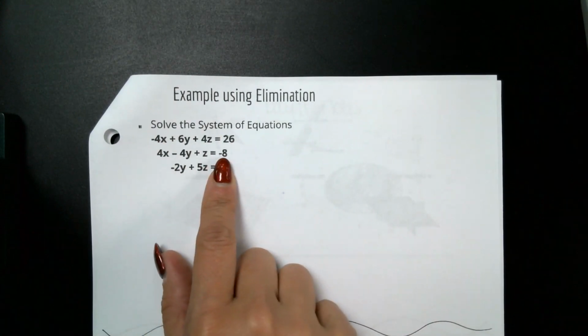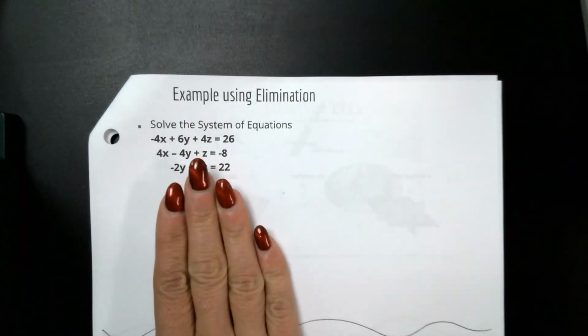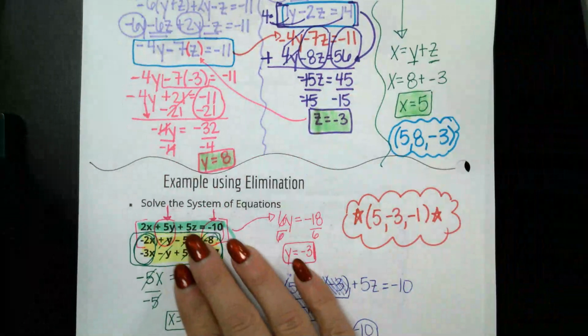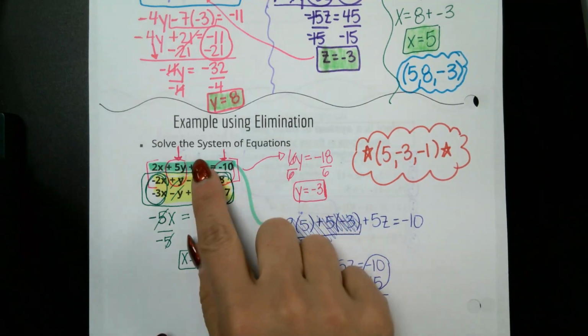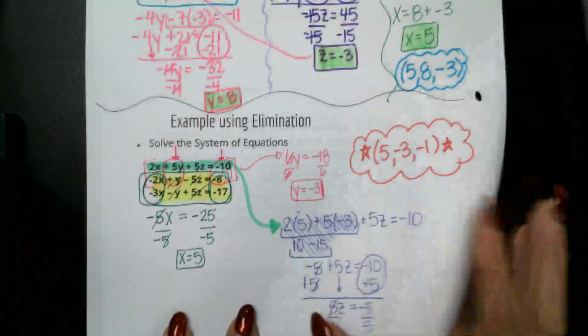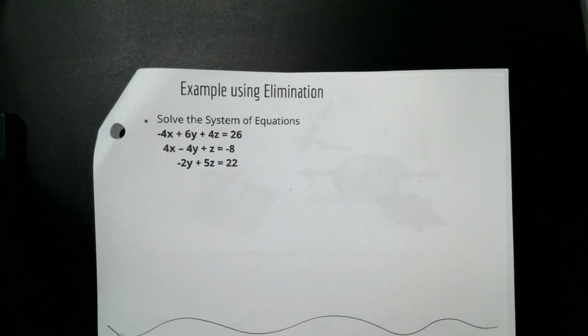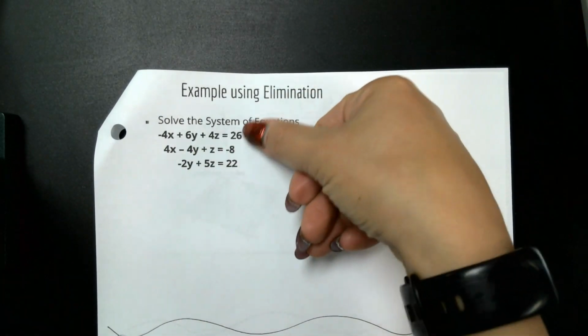Second equation has 3 letters, but that last one only has 2. You want to know why I really like this problem? Because remember back here, I asked you guys to find 2 equations to pair together, and you had different options because you could do top, middle, middle, bottom, or top and bottom. Well, over here, if 2 equations have 3 letters and one has 2, am I allowed to pair this one up with either of those?